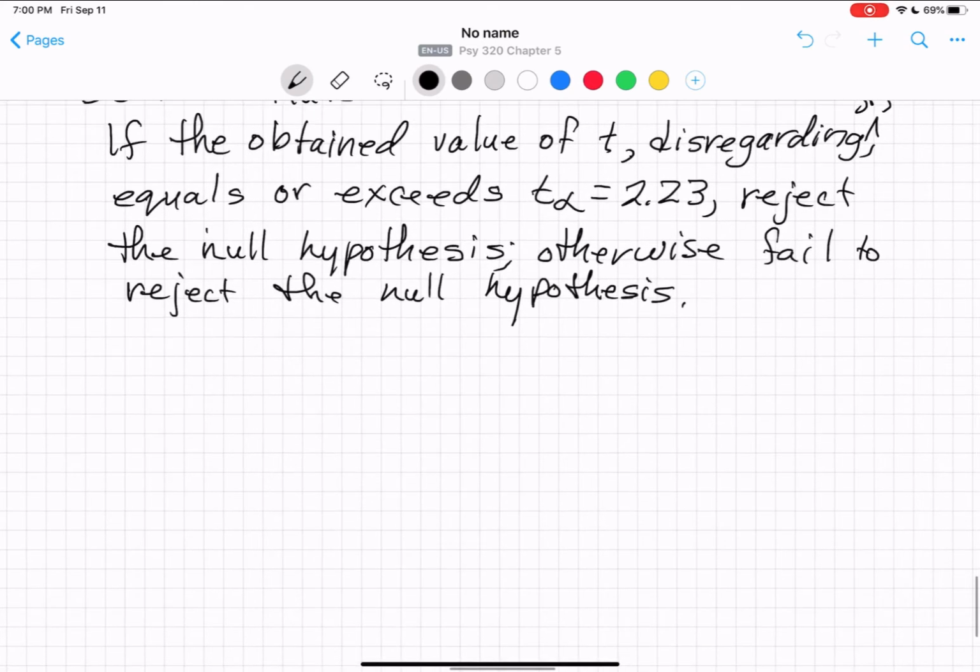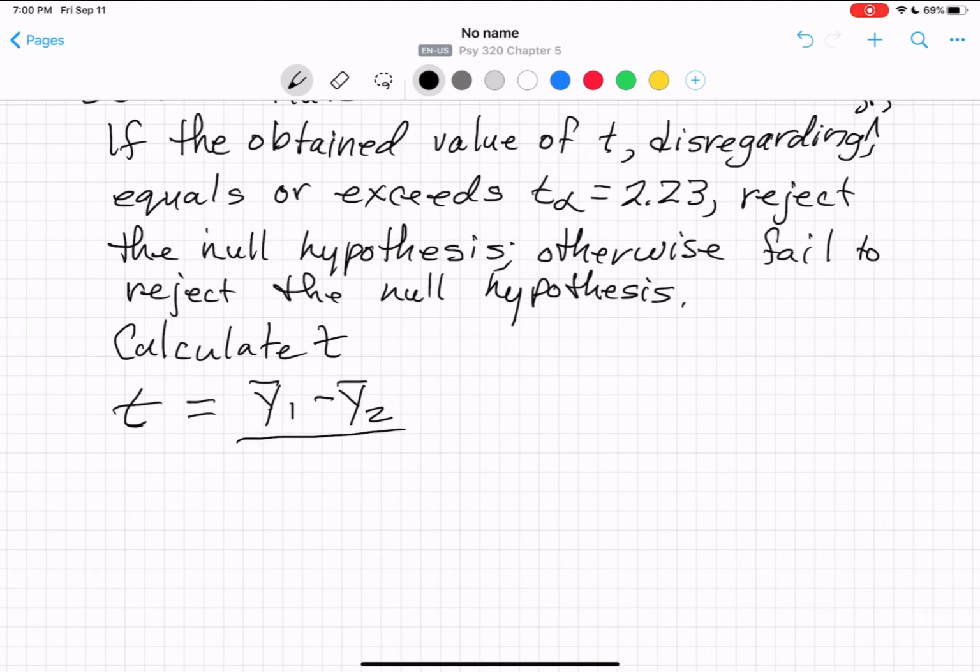So now we're going to actually calculate our t value. Okay, so the first step in calculating t is, well, I'll write the basic formula here. So t is going to equal y bar 1 minus y bar 2 divided by what's called sigma hat of the difference.